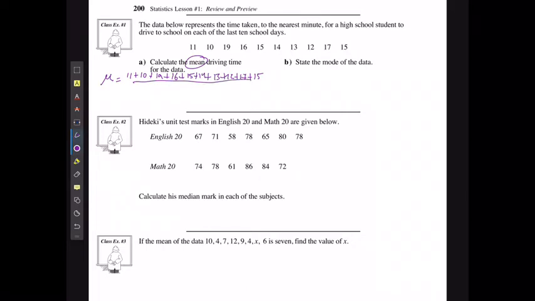And I'm going to divide that by how many numbers there were. There were 1, 2, 3, 4, 5, 6, 7, 8, 9, 10 numbers. Which means that mu is going to equal, when I add all these together, I get 142 divided by 10 pieces of data. My mu is going to equal 14.2 minutes.